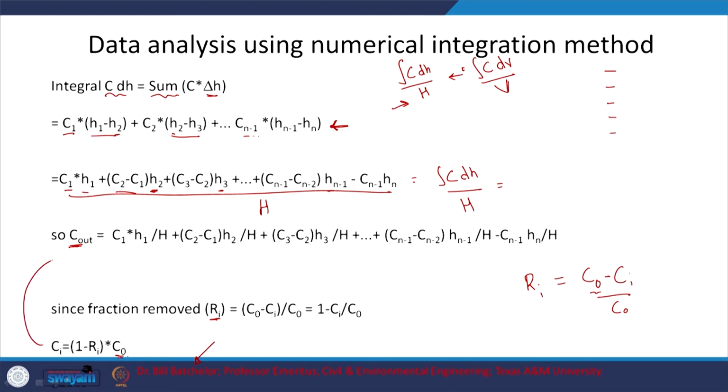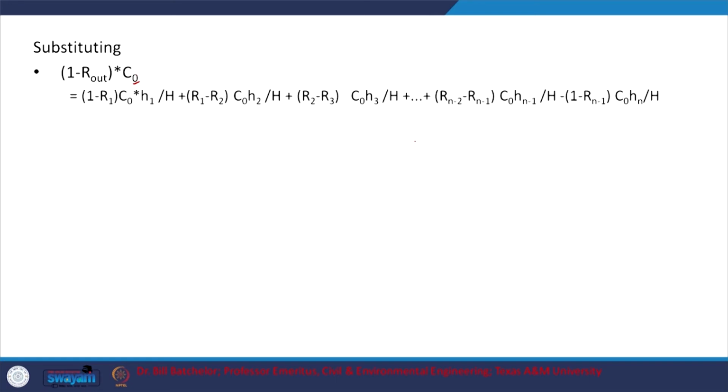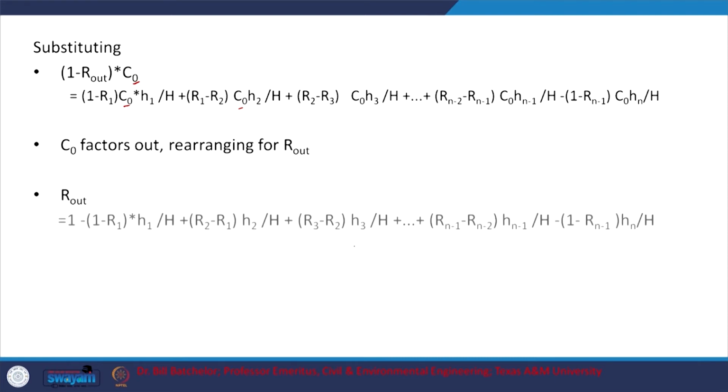I will go back and plug it into this particular equation. For each case I can plug this in: C I is equal to 1 minus R I into C initial, keep that in mind. So, for C out, I can put that in here: 1 minus R out into C naught, this is initial, is equal to the same case I am going to plug in, and then we can cancel out C naught. Rearranging for R out, I see that R out is equal to this particular set of terms. Again, C naught cancels out and we are just rearranging.